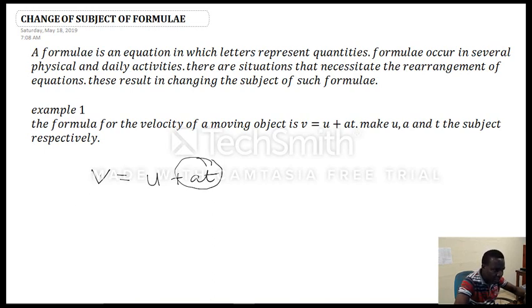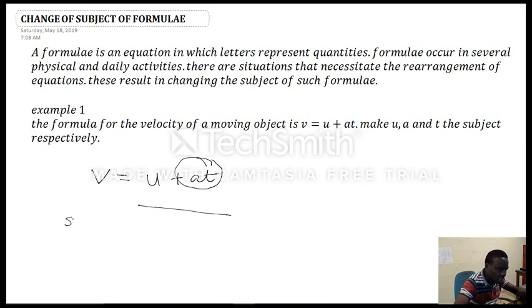If you look at this equation, we have v is equal to u plus at. So at is that variable which needs to move to the other side of the equation, making u stand alone. In order for us to undo that, we do the opposite of what has been done. If you look at the right hand side, we have it that u is added to at. So the opposite of addition is what? Subtraction. So thereby, I'm going to subtract at from both sides.